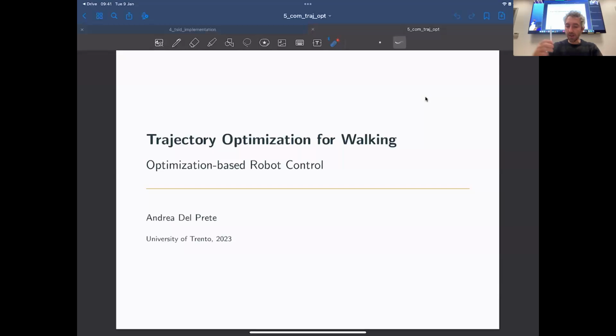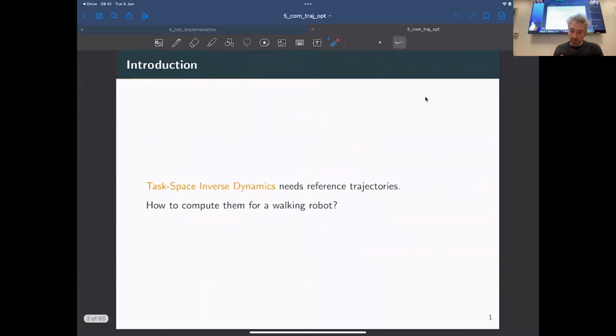So the next subject, which is the second part of this course, is trajectory optimization for walking. So basically the motivation for this is what we just saw. For making the robot walk, we need a reference trajectory for the center of mass and the feet.